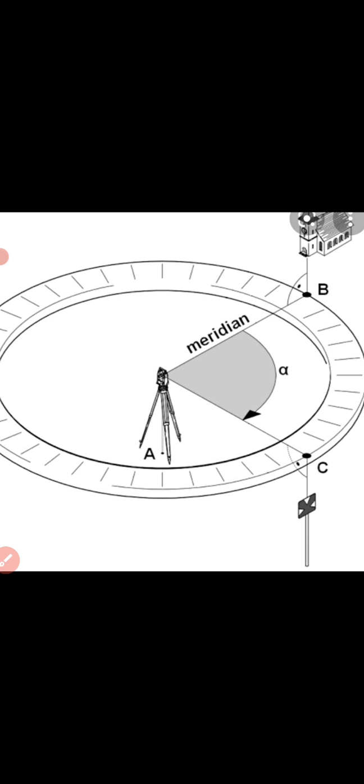Now this angle alpha should be the average of the values obtained from left face right swing and right face left swing. So this is the procedure. All of you substitute the value of alpha which we have obtained in this example.